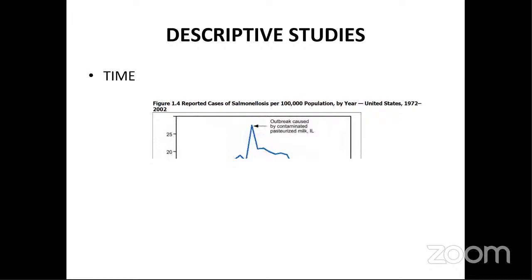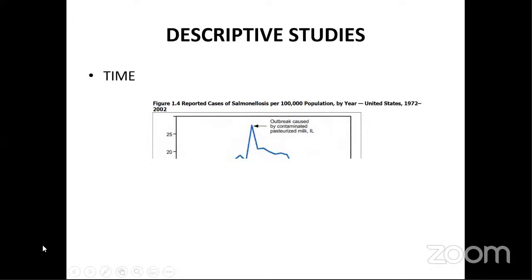So there would be certain predilection of disease according to season. For example, this would be reported cases of salmonellosis per 100,000 population by year from 1972 to 2002. So there was an outbreak caused by pasteurized milk in Illinois, so there was an increase.